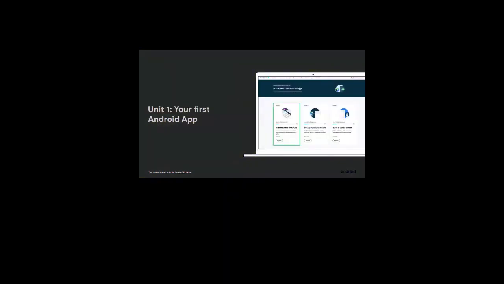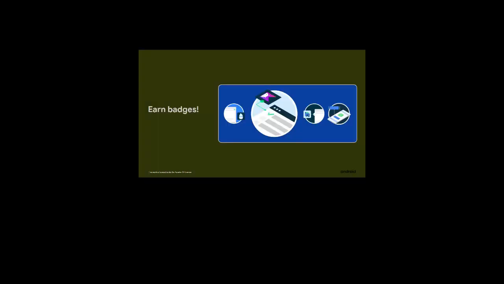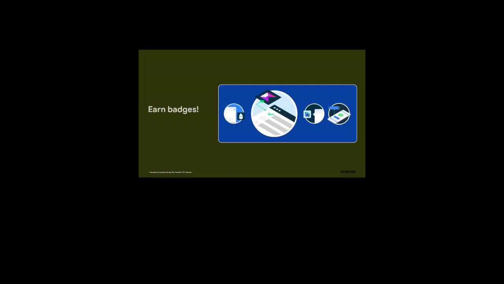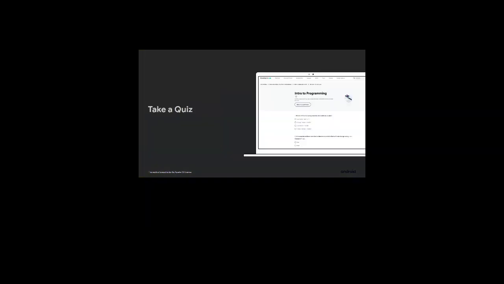Okay, the first unit is basically building your own Android app. Since it's the first unit, obviously you'll be introduced to all the basics. And as I said in the previous info session, for every pathway that you finish, you earn badges.